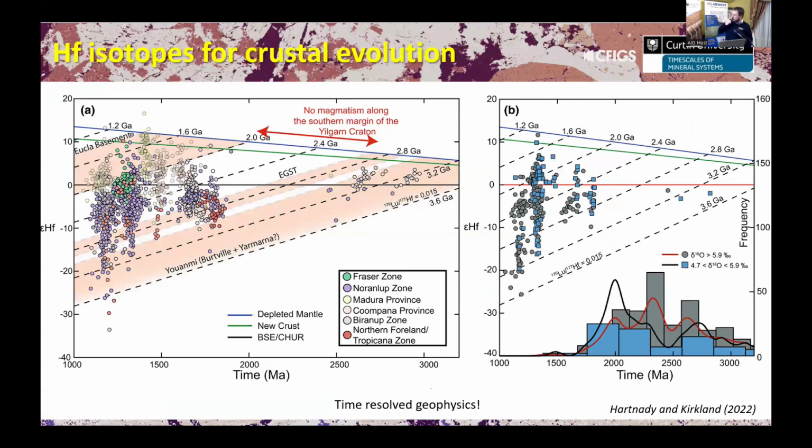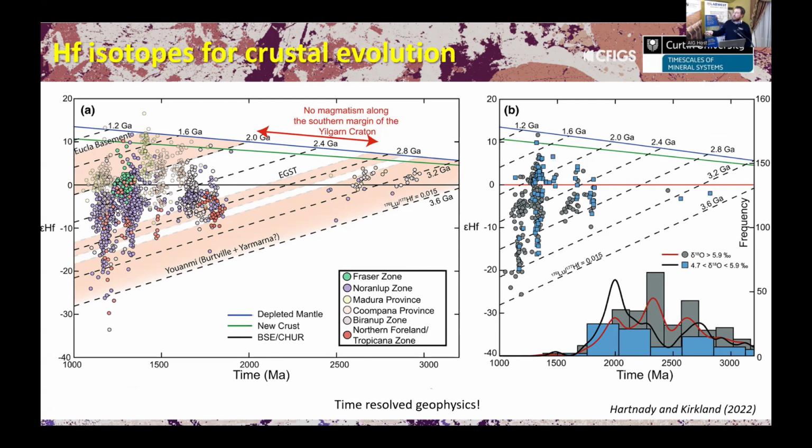I can demonstrate this in a slightly different way. This is an evolution diagram, so time is on this axis. On the vertical axis is epsilon hafnium, so just treat that as where we're going more towards the top is more mantle input, more juvenile input. Going towards the bottom is more crustal input, or reworking of that crust.